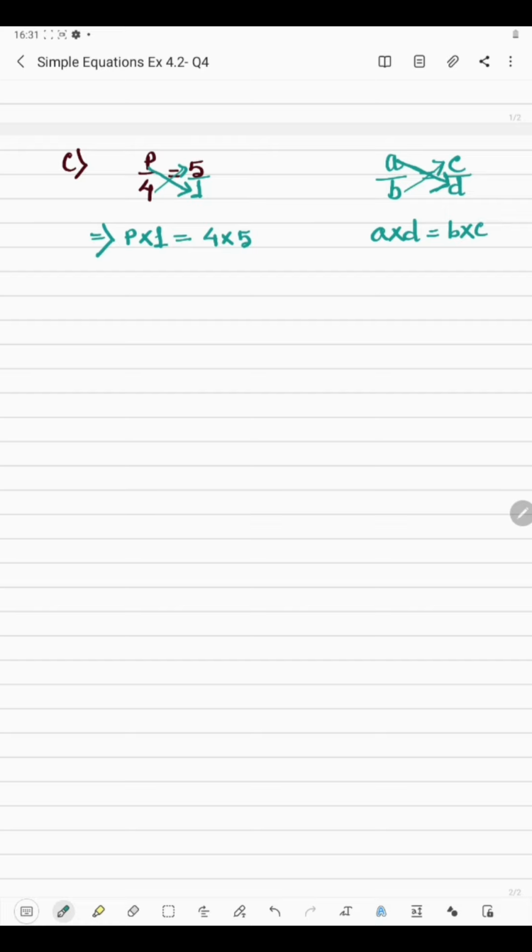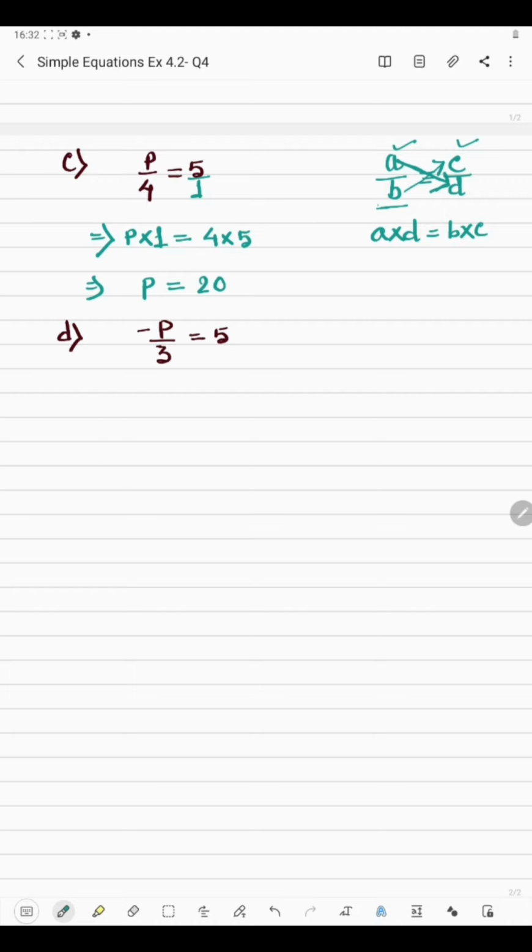So if it is given in this form, where we have one fraction on each side and an equal sign in between, then we can solve it by cross multiplication. Now p into 1 is p, is equal to 4 into 5, which is 20. So the value of p is 20.